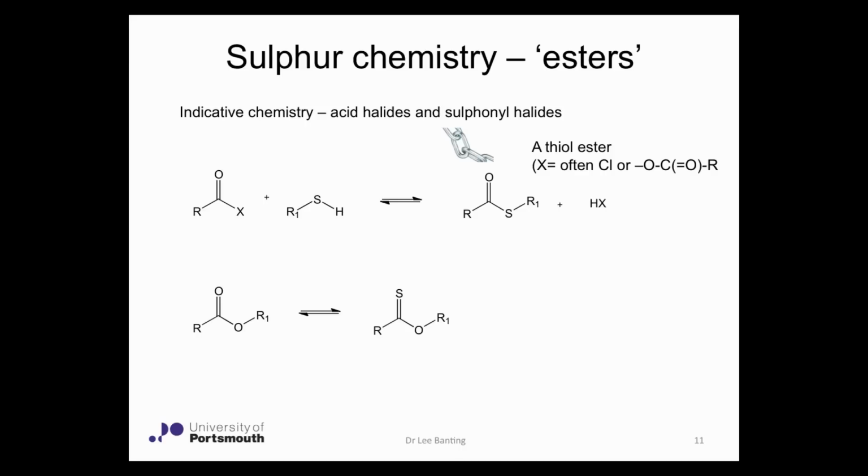We can also convert esters directly into thione esters. This is a bit weird, because this can be achieved by a very peculiar reagent known as Lawesson's reagent. Lawesson's reagent actually is a sulfur transferring agent with a most peculiar phosphorus and sulfur cluster of atoms here, and in fact one of these sulfurs gets transferred to the carbonyl.